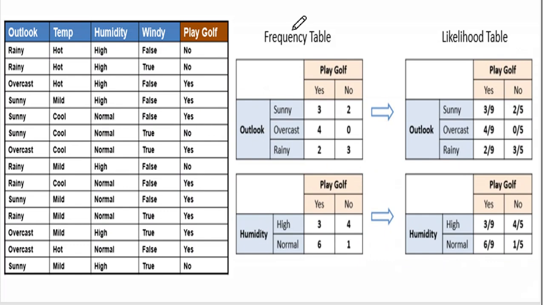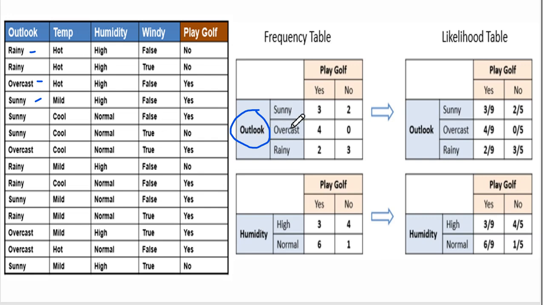To find the frequency table for each feature in the dataset, first we have to write down the features. The first feature is outlook. The values of the outlook feature are rainy, overcast and sunny. That means the outlook feature contains three different values.